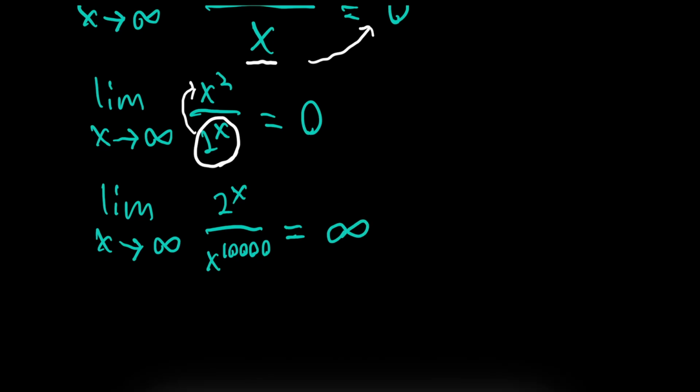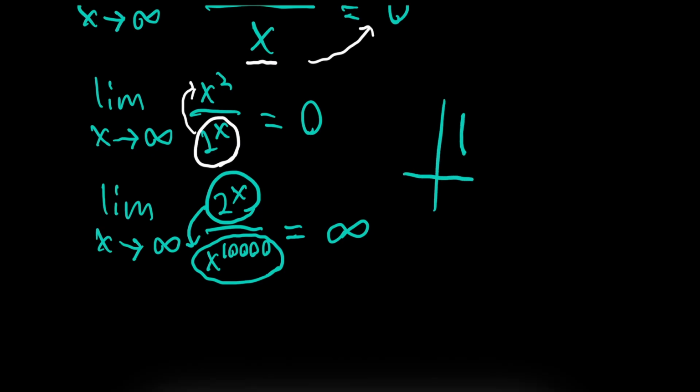That's because the growth rate of 2 to the x over here is still higher than this x to the 10,000th over here. At some point in the domain of these two functions, the growth rate of 2 to the x will be able to overcome this denominator, and with your x-axis and y-axis, it'll end up going like this, and then it'll shoot up out of nowhere, probably.